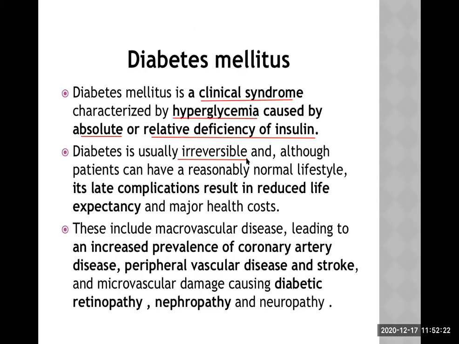I'm not denying we can stop the treatment if the patient is doing very well. We can, but the chances of that are very less. So just remember that, a type of practical information. Once you start treating diabetes after the proper diagnosis, the treatment will continue for the rest of the life.